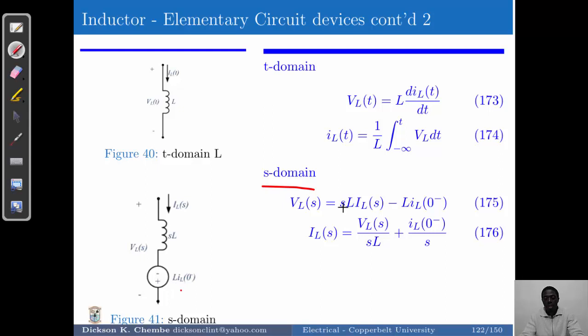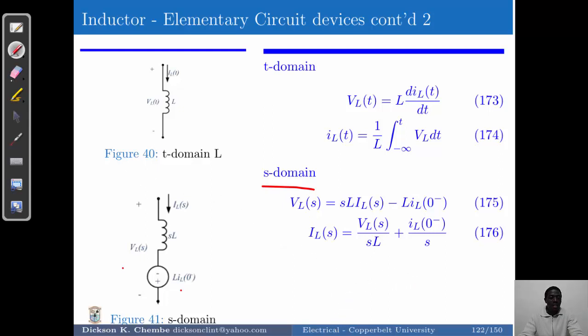So you've got sL multiplied by the current, which is the potential across the inductor, minus L iL(0−), which is before time t is equal to 0. And equally, you could get the current value obtained like so.